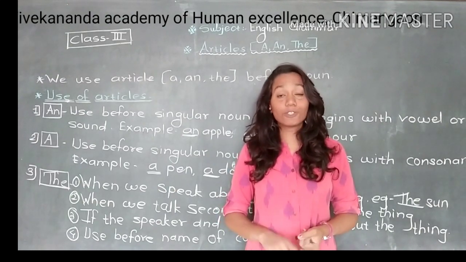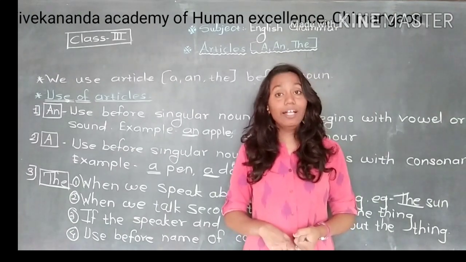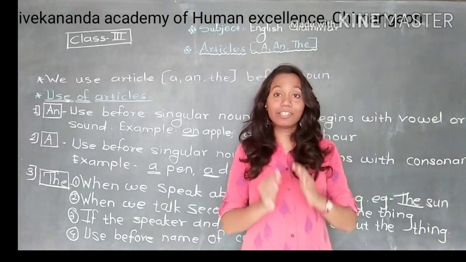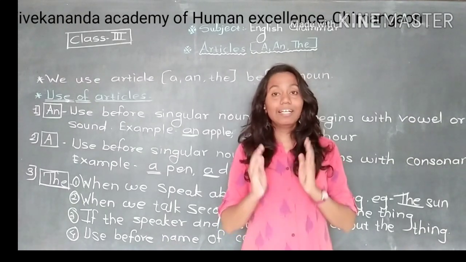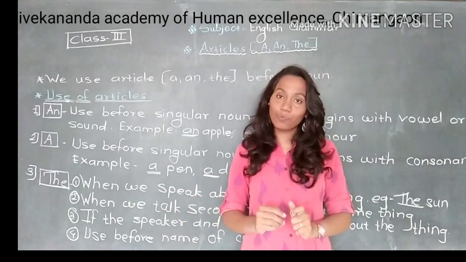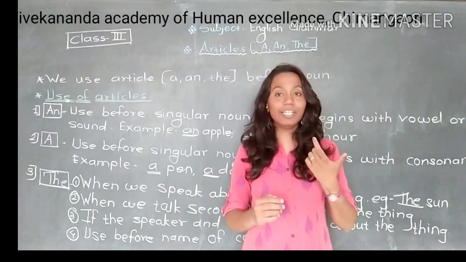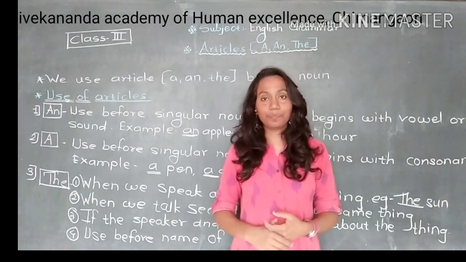When we talk about a particular thing which is just only one, that time we use the before the noun. For an example, the sun rises in the east. This way, before sun, we use this article, the.